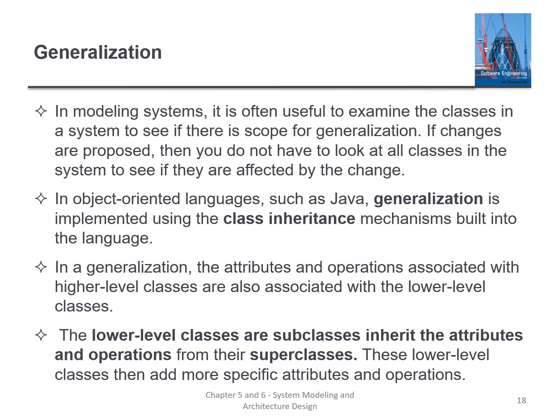The lower level classes inherit all the attributes and operations of the superclass, but methods or attributes defined as private cannot be used by the subclasses.